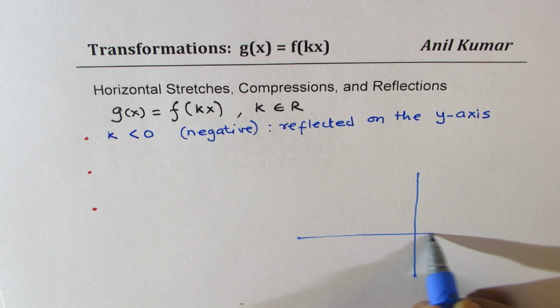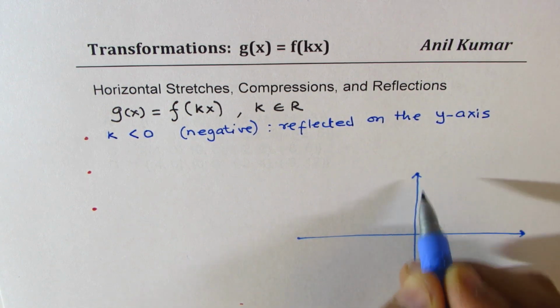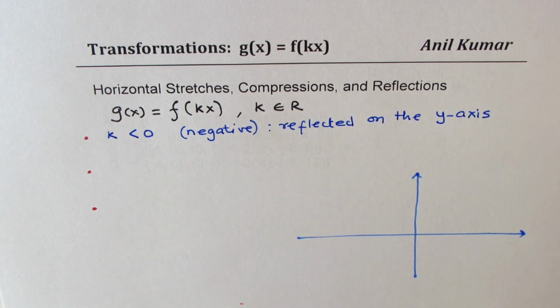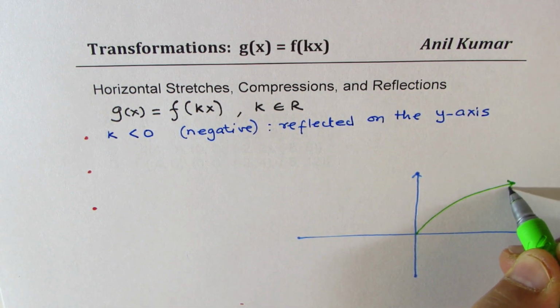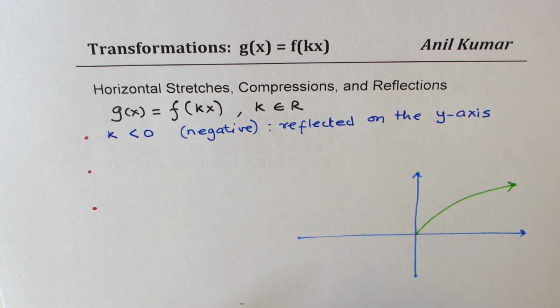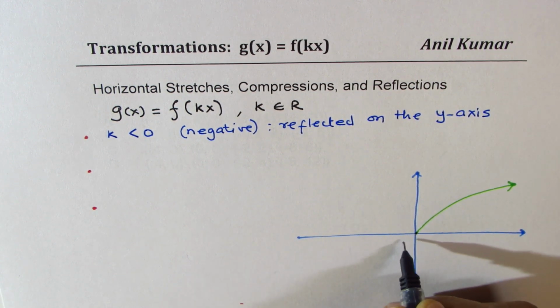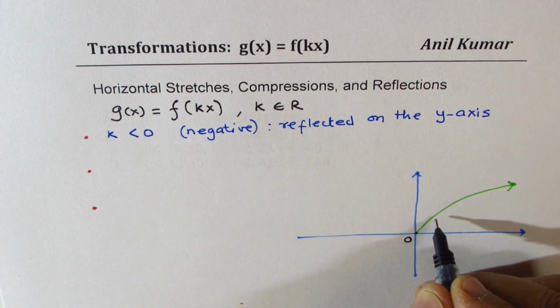So let us say we take a square root function, which is actually a good example. Let's say this is the square root function. We'll consider 3 points on this. Let's say this is the origin, 0.